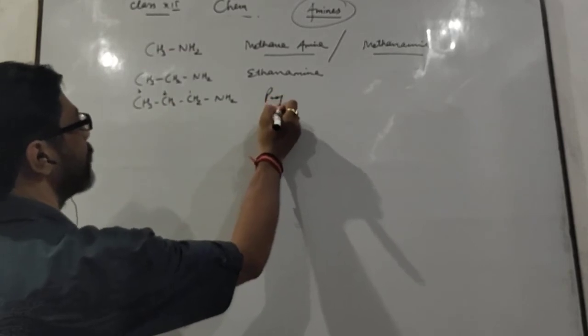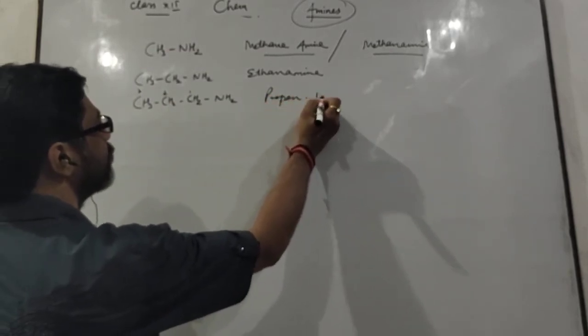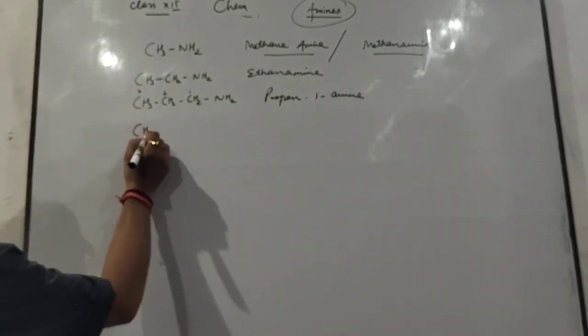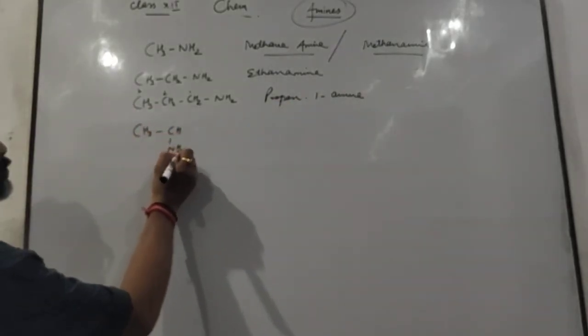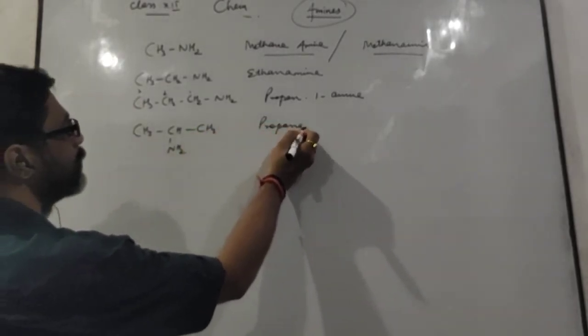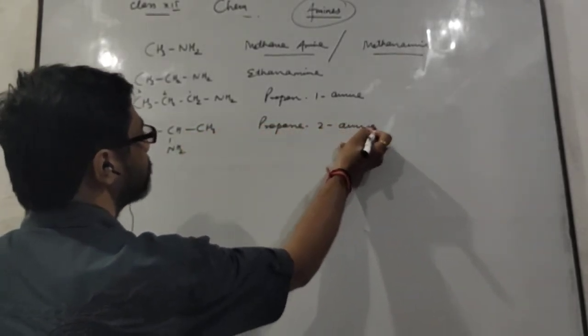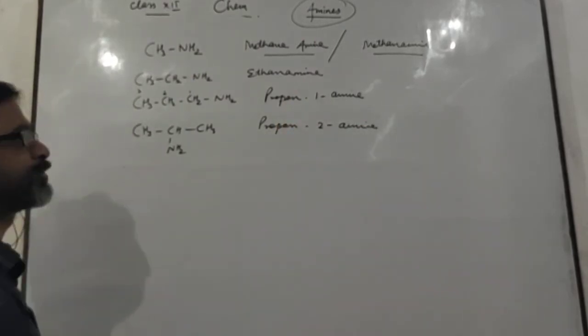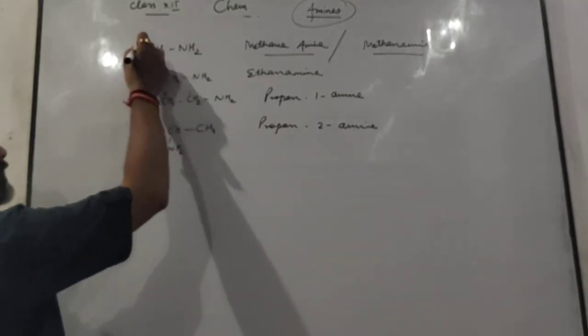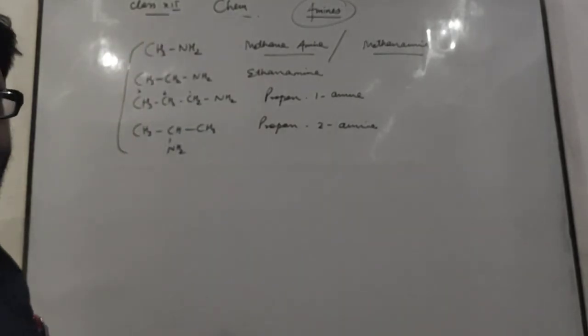This one is propane-1-amine. Like this, CH3CH(NH2)CH3. This one is propane-2-amine. The E is removed due to the presence of this vowel. Like this. These are the various types of primary amines.